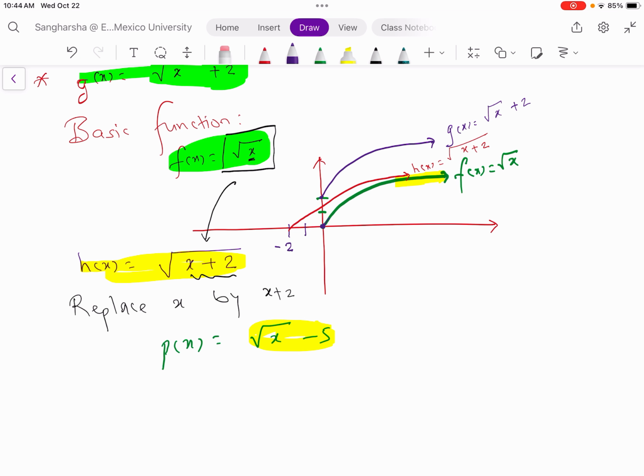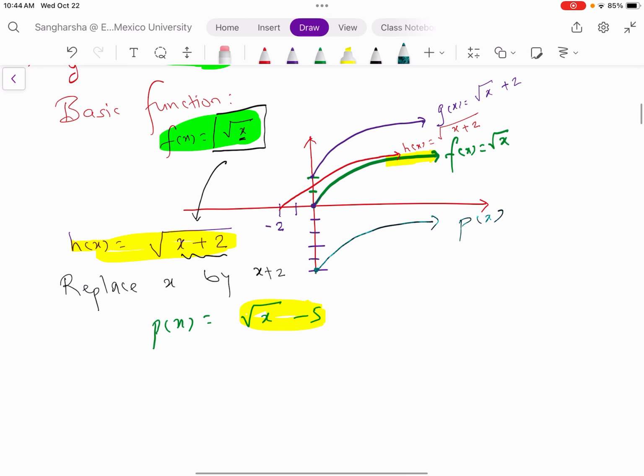So this is our graph for the basic function; -1, -2, -3, -4, -5. You draw the same graph at -5, and this is our p of x. So subtracting a number from a function means you are moving down.